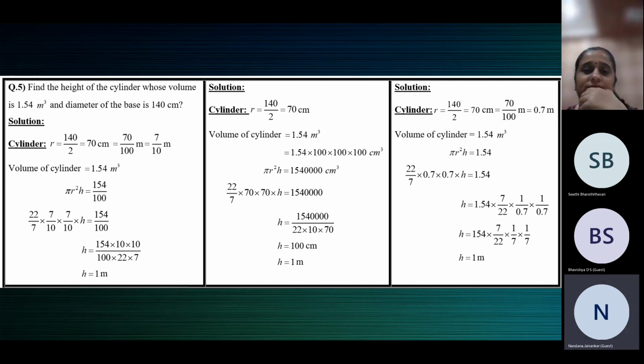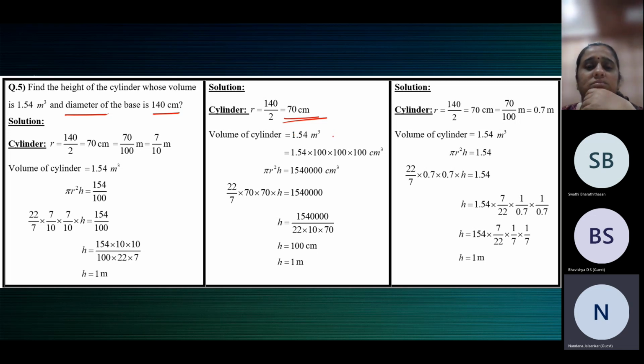Ma'am, they've given the radius as 140 by 2, so they've given the diameter as 140. We divide it by 2, and when we simplify, we get 70 centimeter. 70 centimeter, we need to change into meter, ma'am.